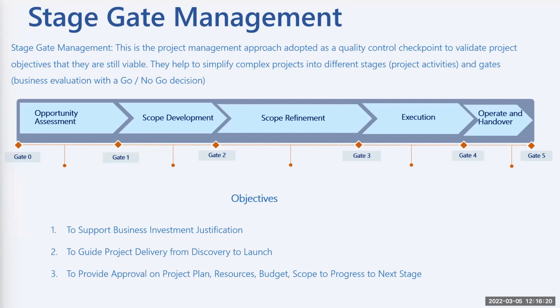Some people call it opportunity assessment, scope development, scope refinement, execution, operate and handover, whereas some would call it initiation, development. So opportunity assessment or initiation is just the phase where you have to investigate into the details.